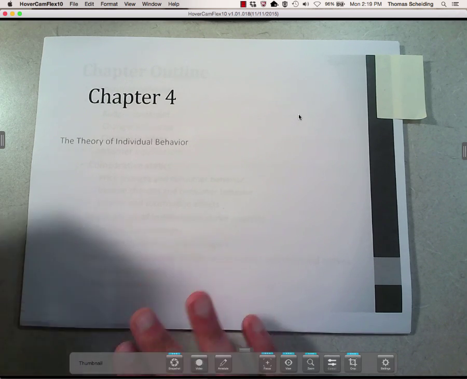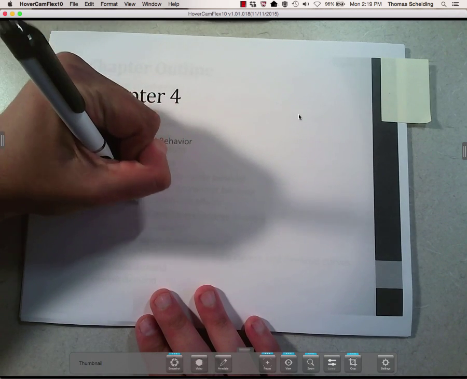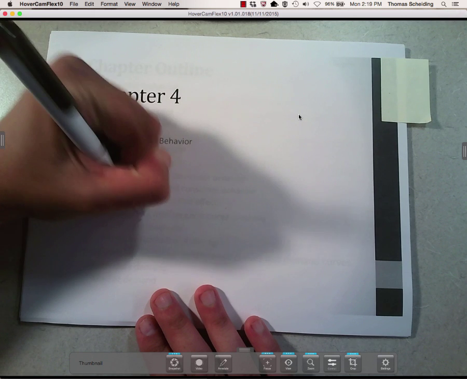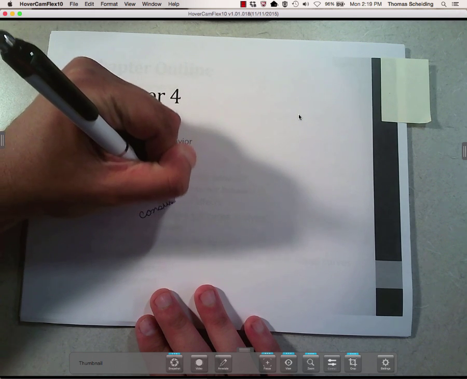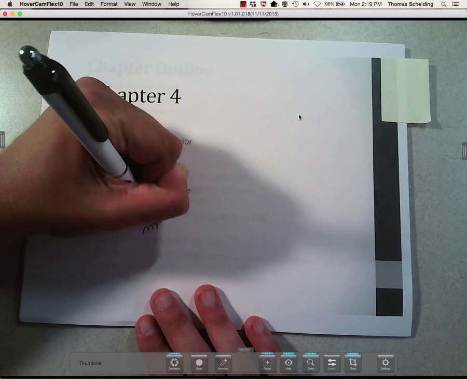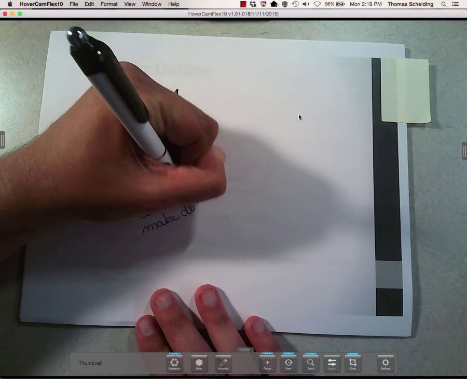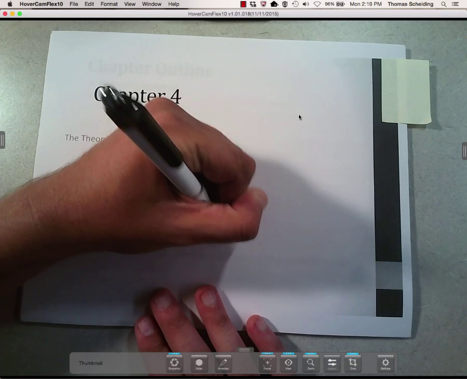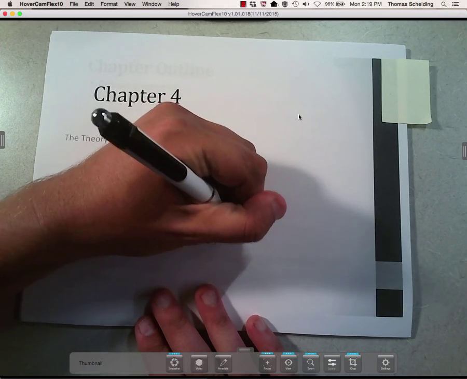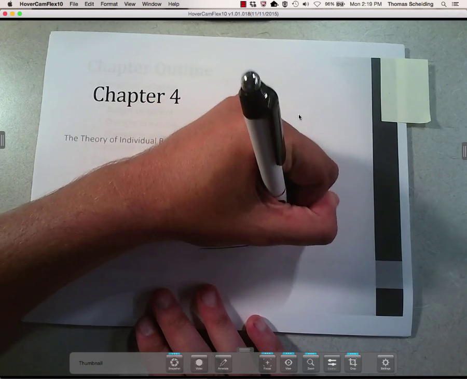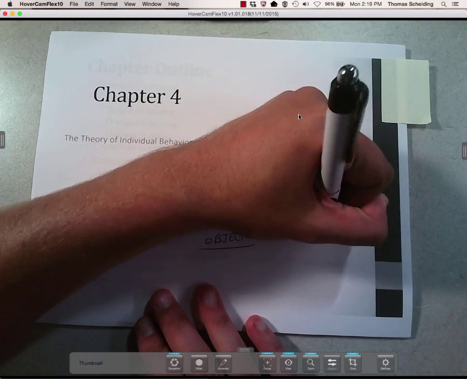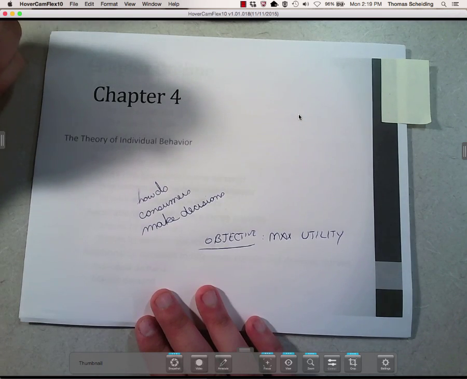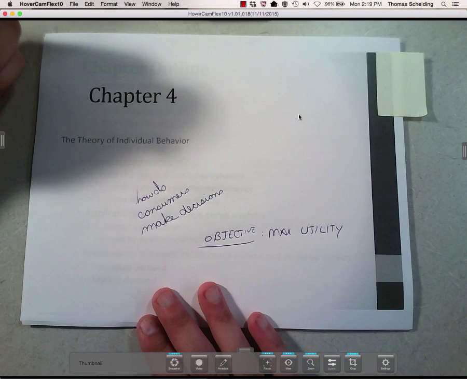So the point of this chapter is essentially, how do consumers make decisions? What we know thus far is that, in some sense, we know what the objective is. That objective is to maximize utility, or to be as happy as they possibly can be.